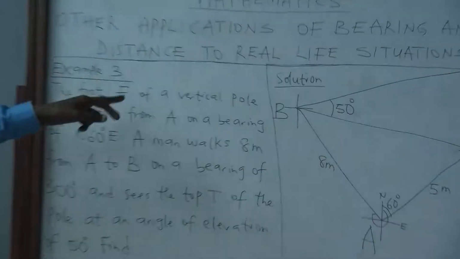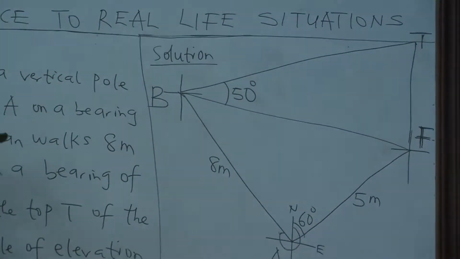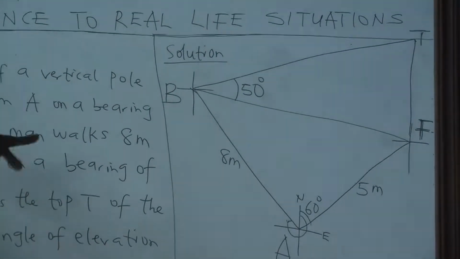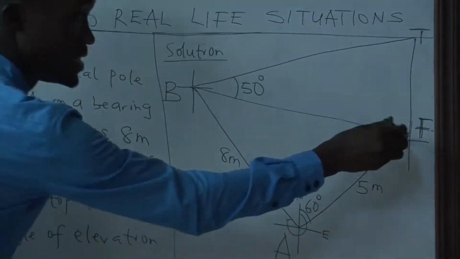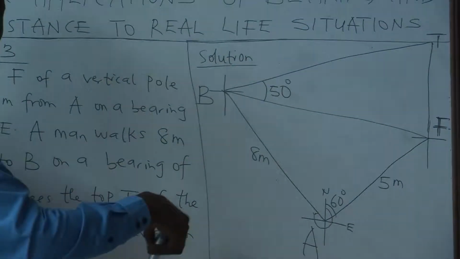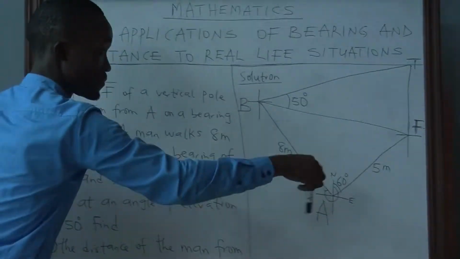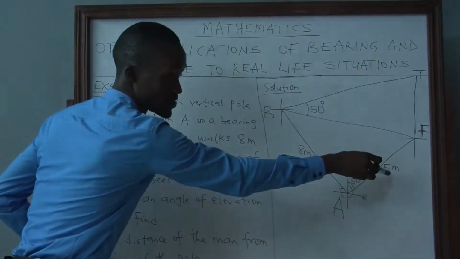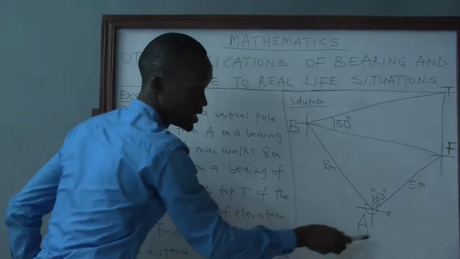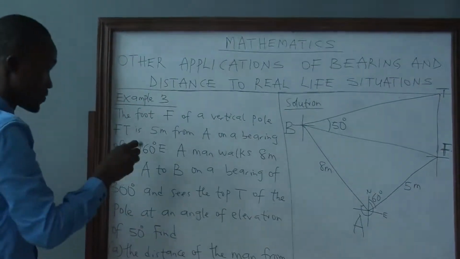The foot F of a vertical pole, FT is this, is 5 meters from A. This is foot F from A. The foot of that pole is 5 meters from A. That's why we have the distance between the foot and A to be 5 meters, on a bearing of north 60°.